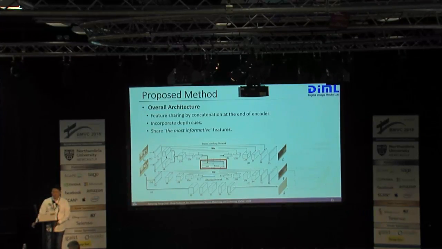It is known that the earlier stages of a CNN extract more basic features such as edges, and as the layers continue, more informative features are extracted. Therefore, I wanted the networks to share the most informative features. I also considered the loss of spatial information during the pooling and convolution operations.